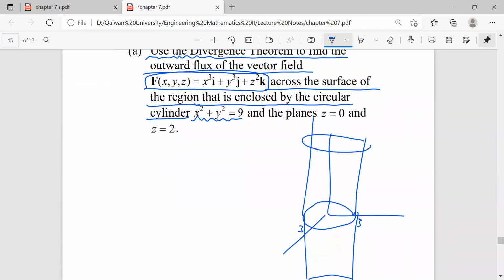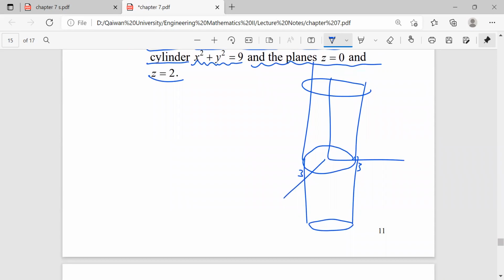And it says the planes are z equals 0 and z equals 2. That means the surface is bounded by this cylinder and z equals 0, going up to z equals 2.